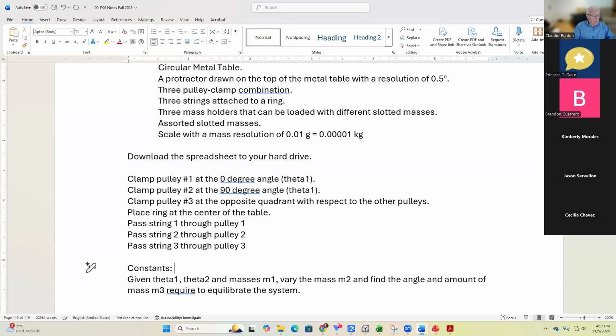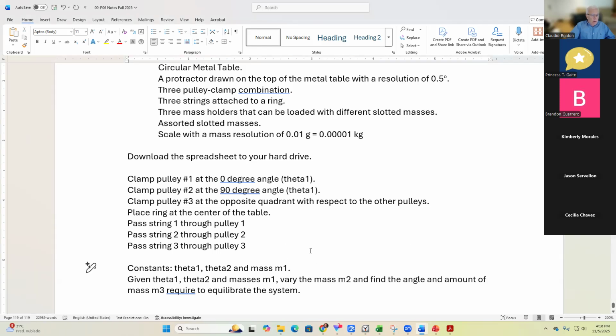What are constants? The angle theta 1, the angle theta 2, and mass m1. Those are constants. Mass m1 is the one that is loaded into mass holder number 1.